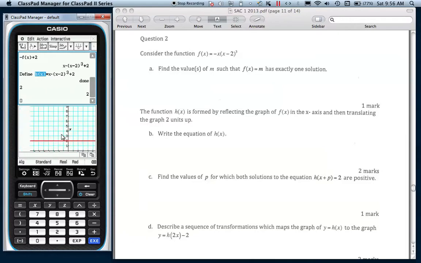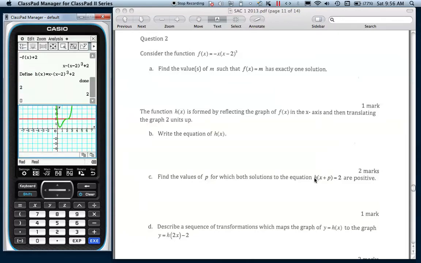Or you could realise that h of x plus p equals 2 is the same as saying h of x plus p minus 2 is equal to 0. So it's basically just shifting this down by 2. But that's okay, we'll just have a look at this part of the graph. And we want both solutions to be positive.